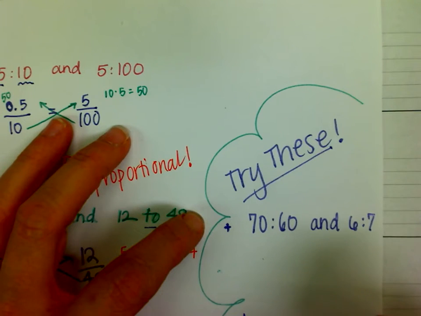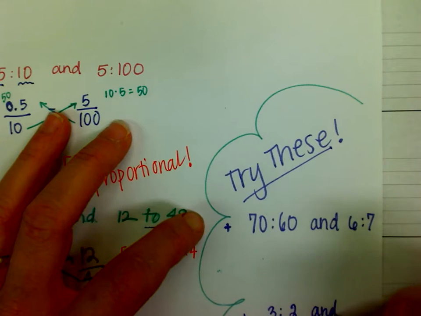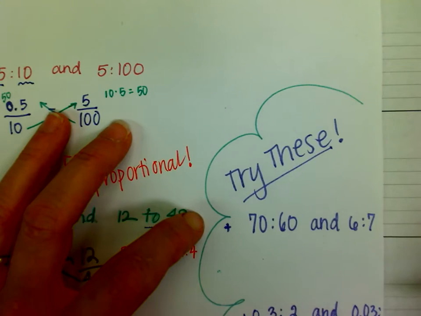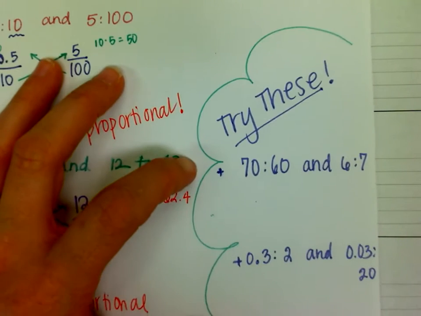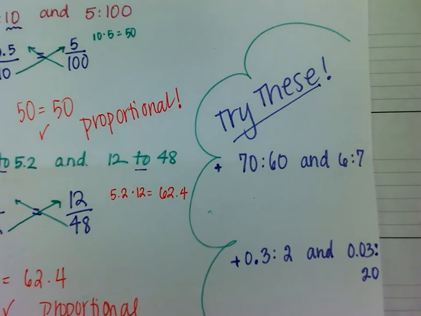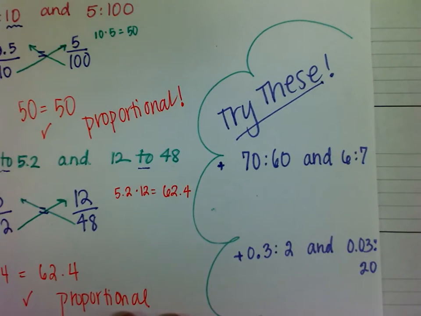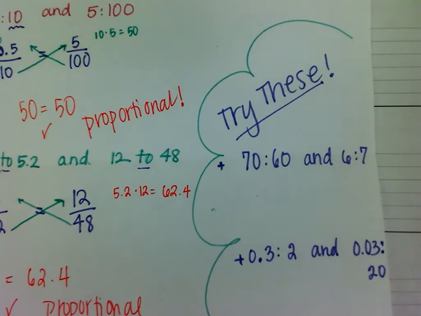And second example is going to be 0.3 colon 2 and 0.03 colon 20. All right, so spend a minute checking those. It's kind of hard to read. Sorry about that. Go ahead and check those examples. Remember our question, always making sure that they are in fraction form for cross product proportions.